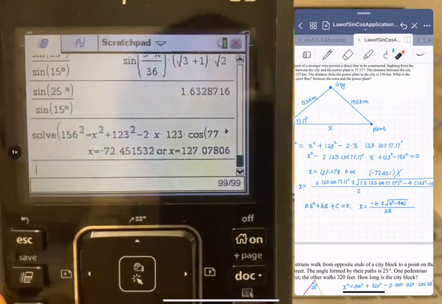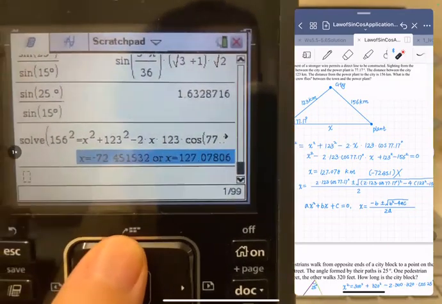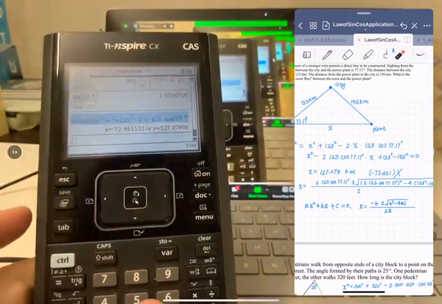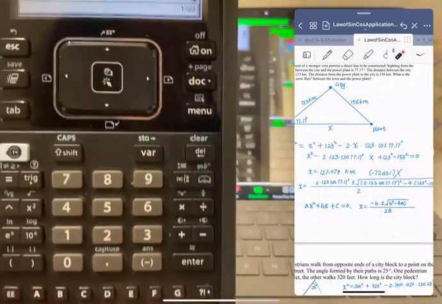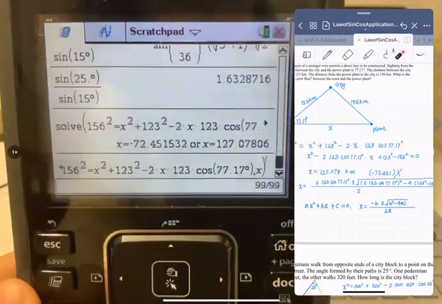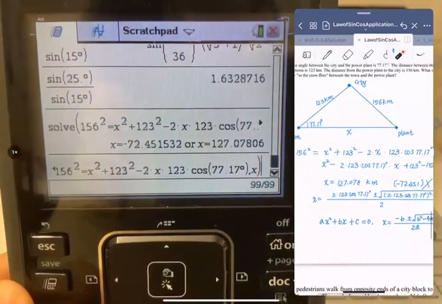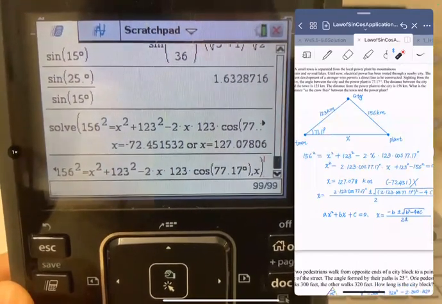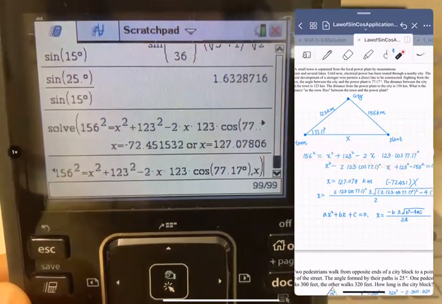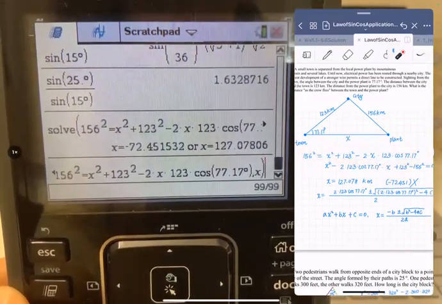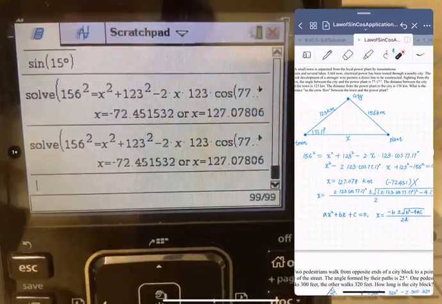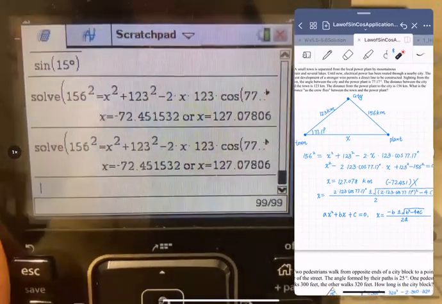So when I use the solve button, you type in these equations exactly, then a comma, then x, and then enter. It gives you a beautiful result.